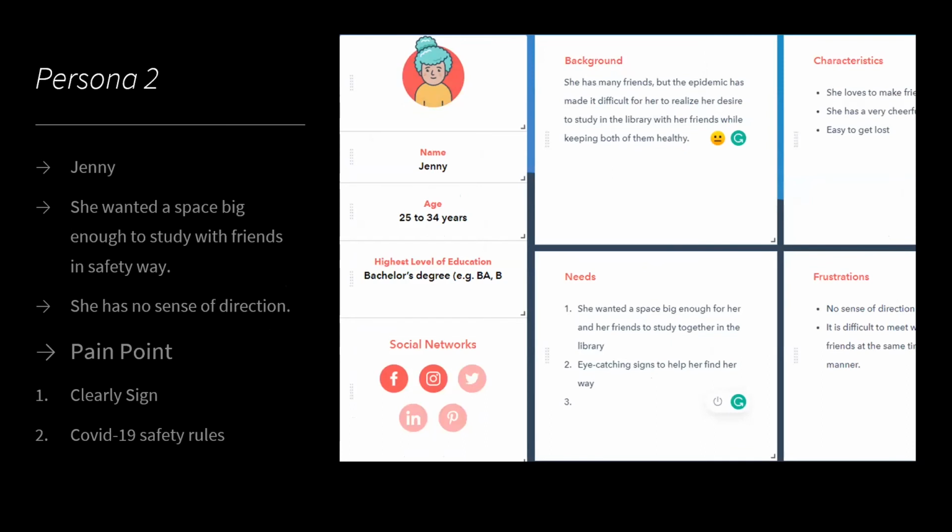She is Jenny. She wanted a space big enough to study with her friends in a safe way. She has no signs of direction, so her pain point is the need for clear signs to help her find her way and follow the COVID-19 safety rules.